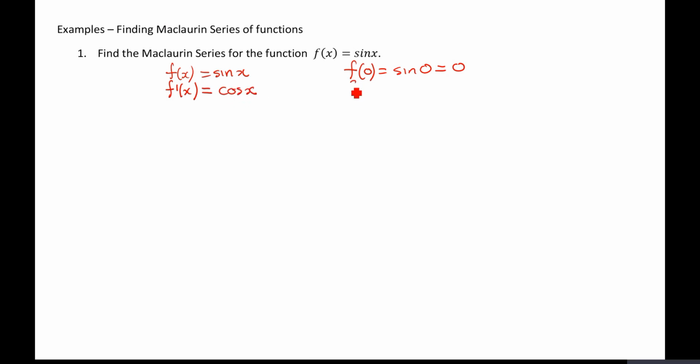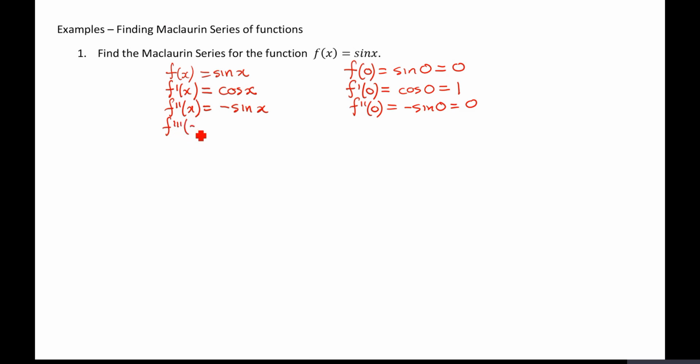Cos of x. Then I substitute 0 into the first derivative. Cos of 0 gives you 1. I continue, the second derivative, minus sine of x, and substitute 0, minus sine 0, 0, and continue.